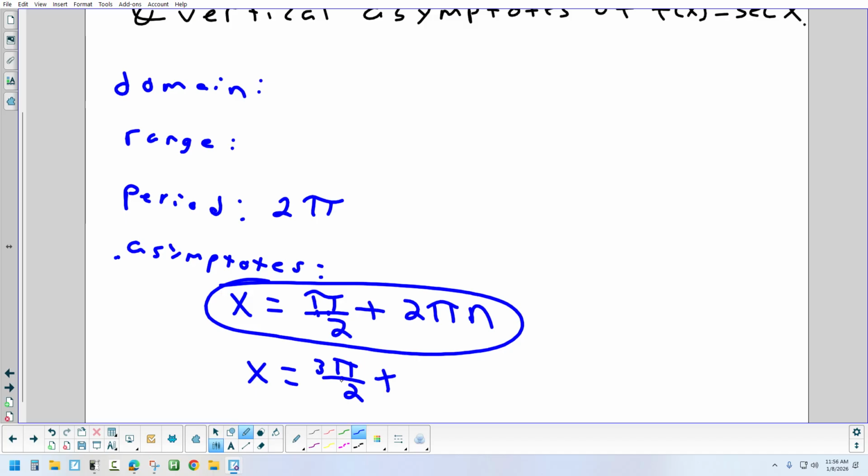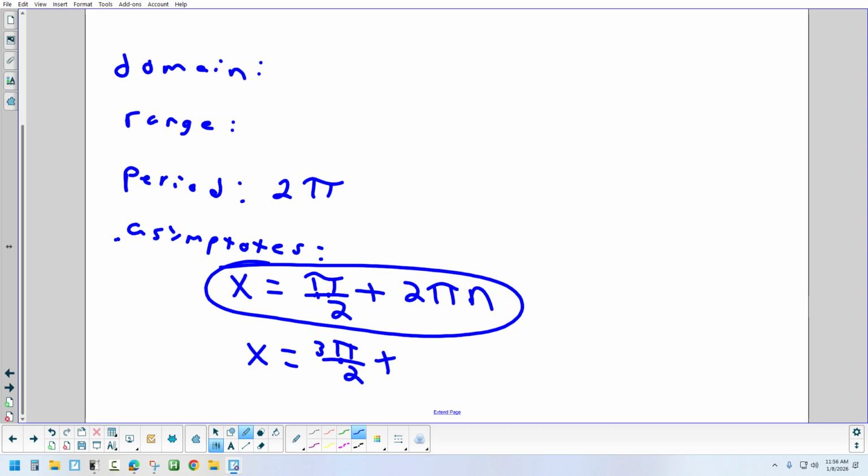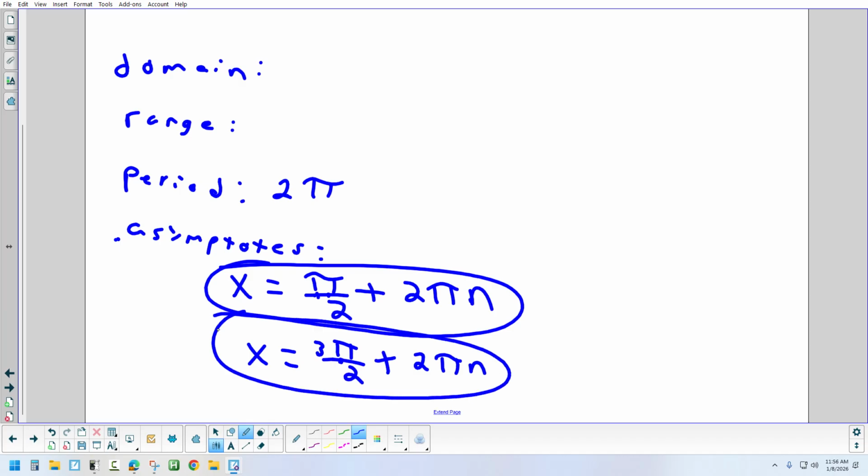This was the second one. How often does the second one repeat? Yep, every 2 pi. So you're going to have this asymptote again, 2 pi units later, 4 pi units, 6 pi units, 8 pi. It's just going to keep repeating every cycle. That's how you describe your asymptotes.